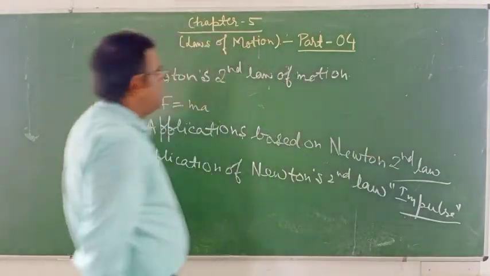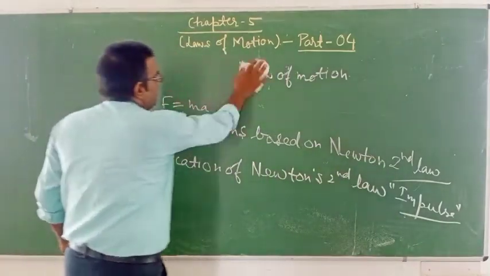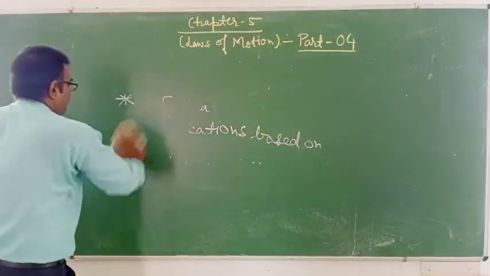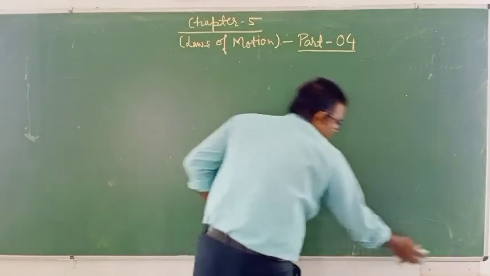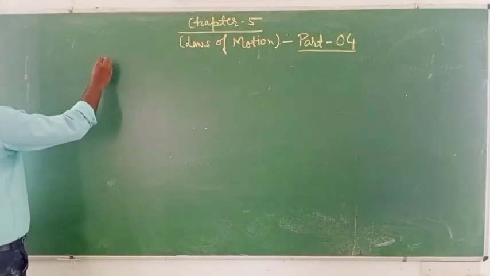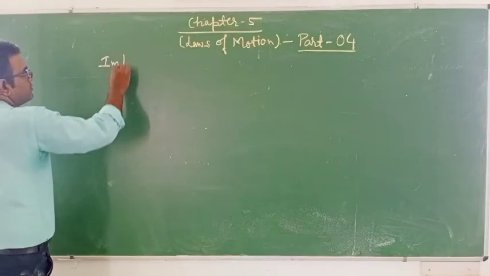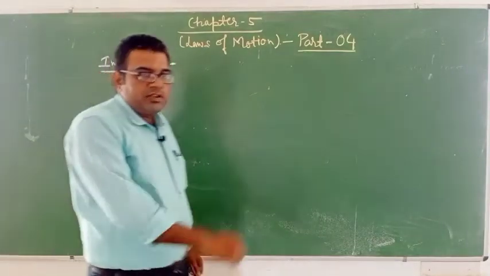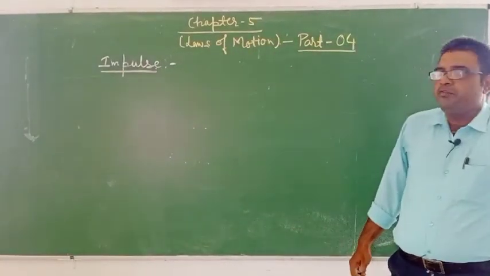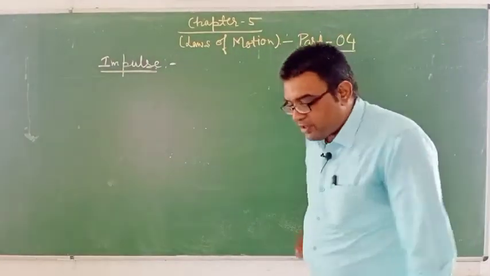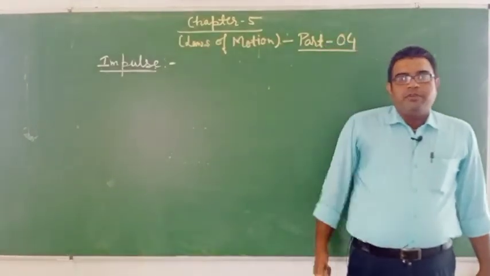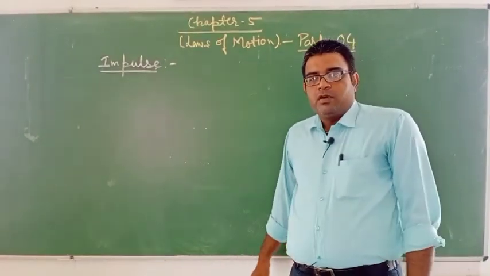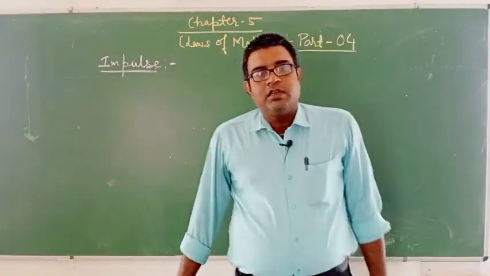So, dear students, let's start our discussion with impulse. First of all, I want to clear your concept with an example related to impulse. Then we will proceed to the mathematical formulation for the quantity impulse.